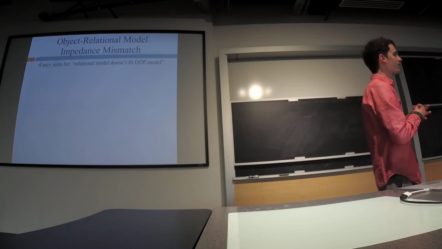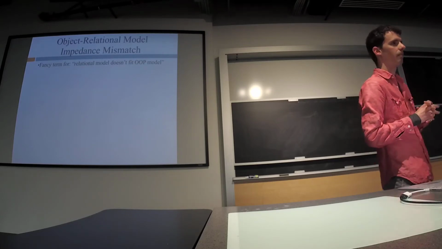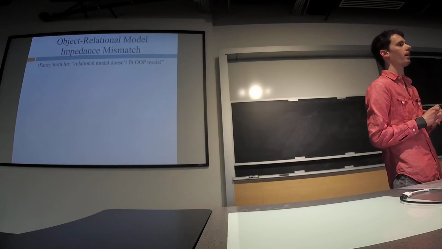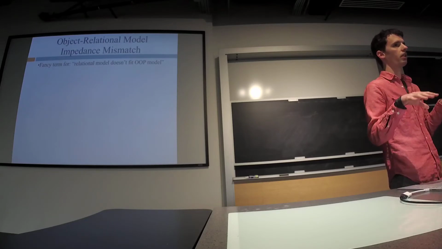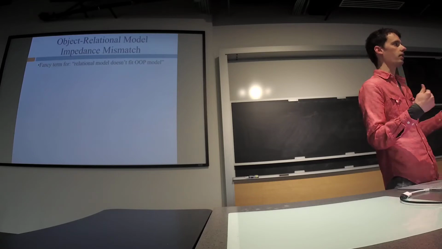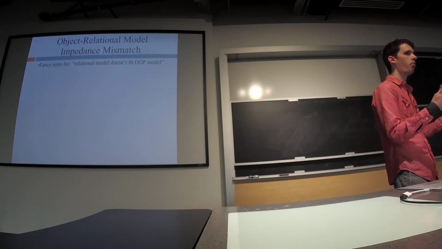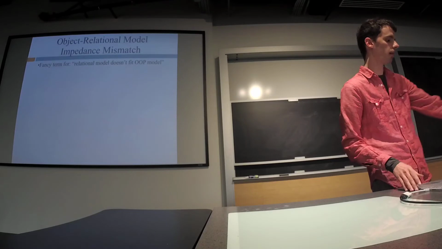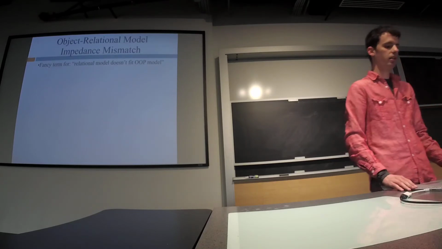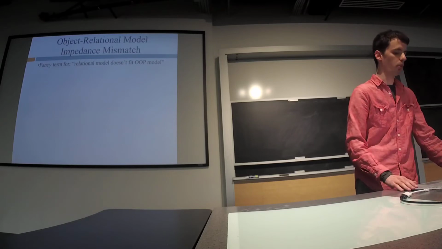There's this long-winded term, object relational model impedance mismatch. So object-relational, meaning you have the object model and you have the relational model, and there's a kind of a mismatch. Impedance mismatch comes from electrical engineering. Basically this means the relational model does not fit the OOP model.